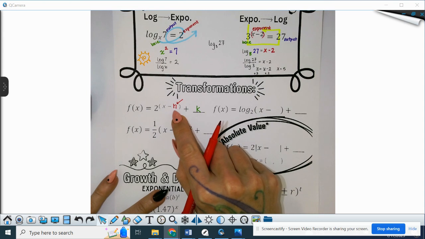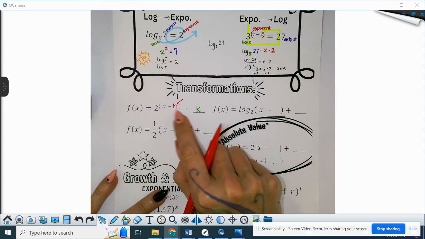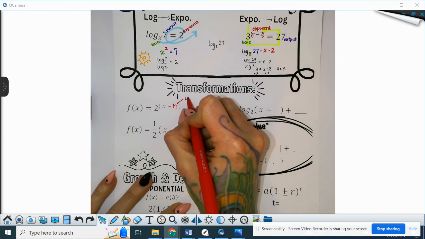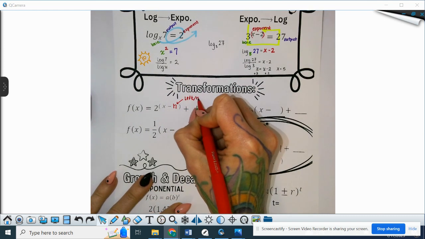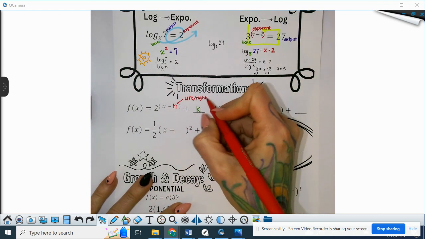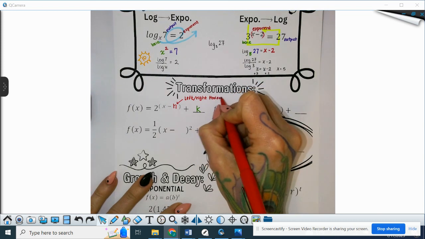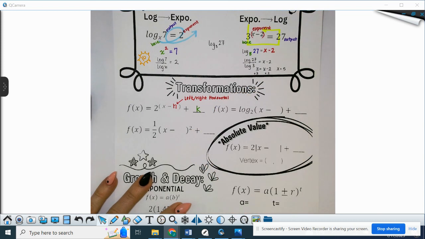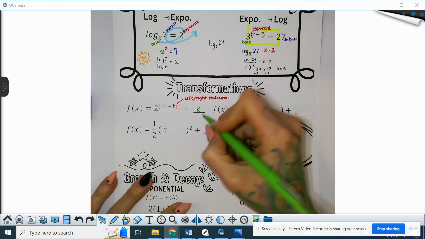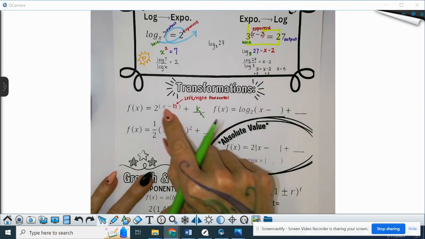If the k is in this spot, being inside the parentheses, then this is going to control the left, right. So whatever is with the x is left, right. So that's your left, right slide. So horizontal, which makes sense because your x-axis is horizontal. Now, whatever's on the outside, so outside of the parentheses, and literally there would need to be parentheses.